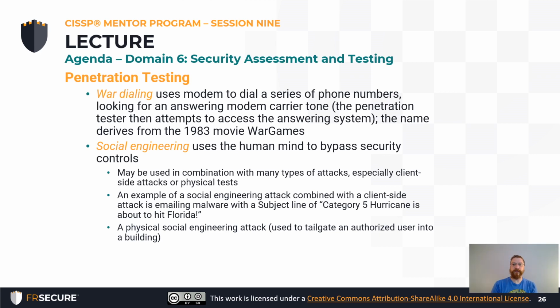Social engineering with the client side, like it says there, could be emailing malware with the subject of a Cat 5 hurricane about to hit Florida. Right now we're obviously seeing it around coronavirus and COVID-19. There's been a huge uptick in malware and spam with that. And then physical social engineering, using tailgating to get an authorized user to let you into a building.